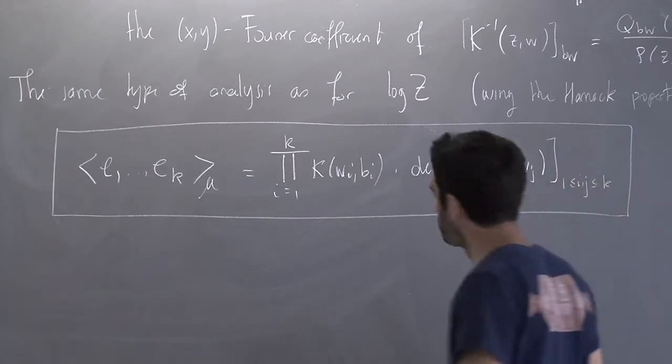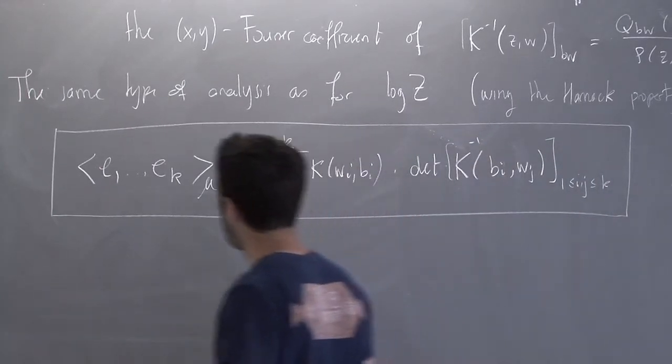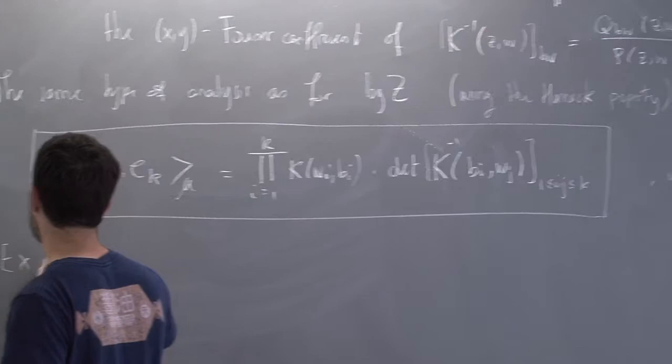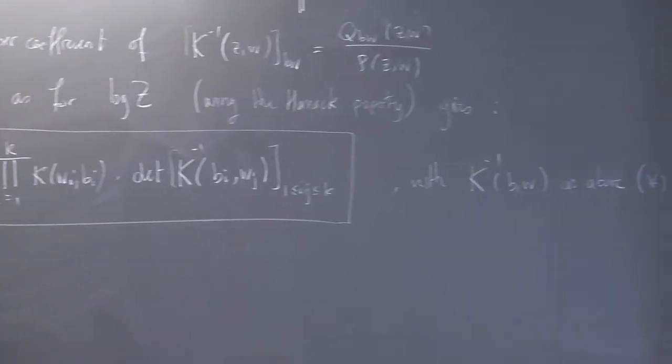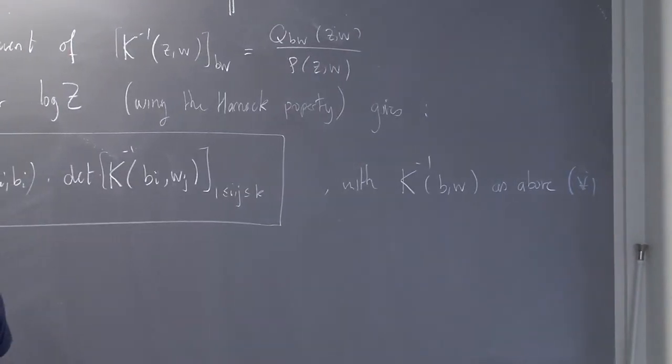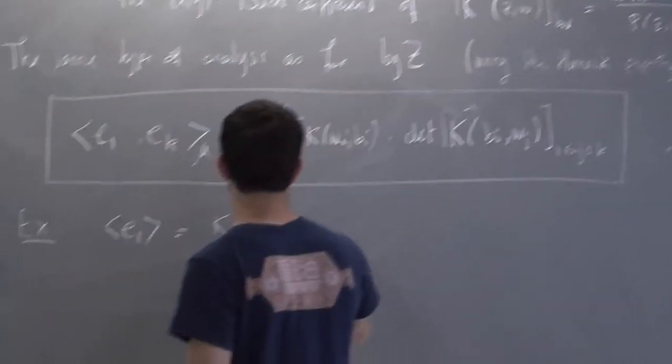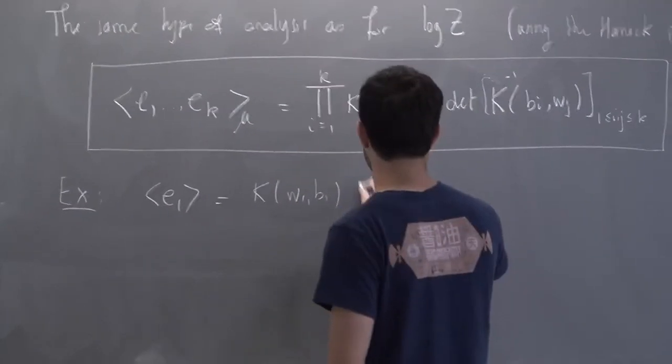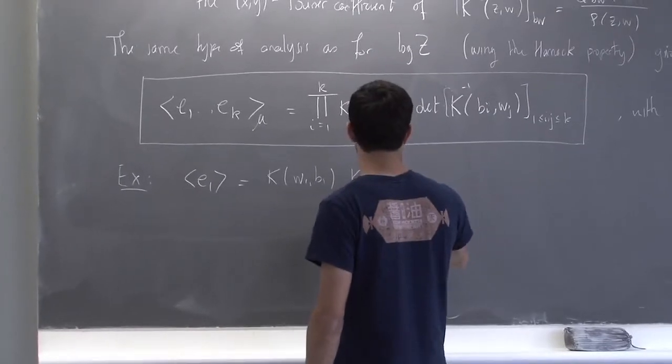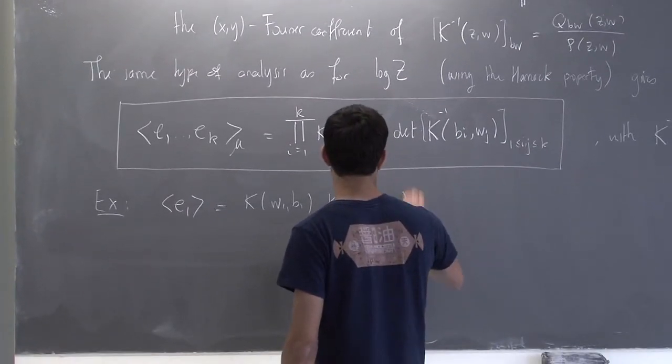So, for example, if you take E1, this will be K of W1B1 times K inverse of B1 W1.